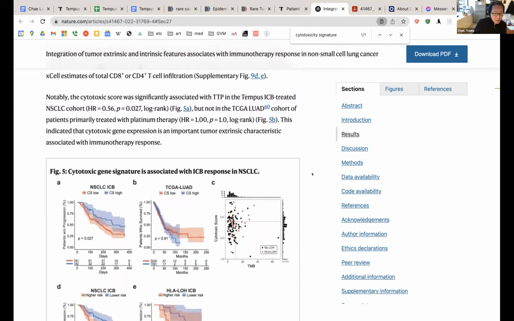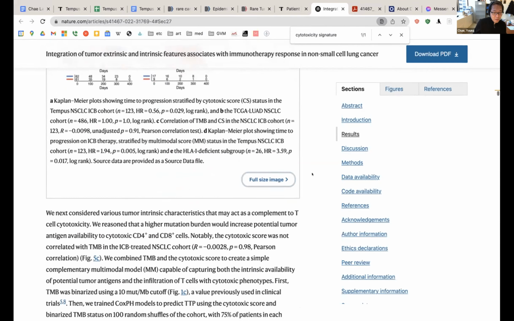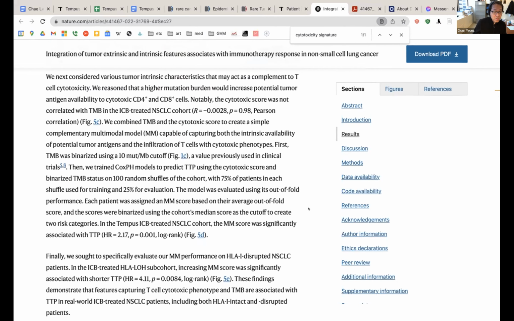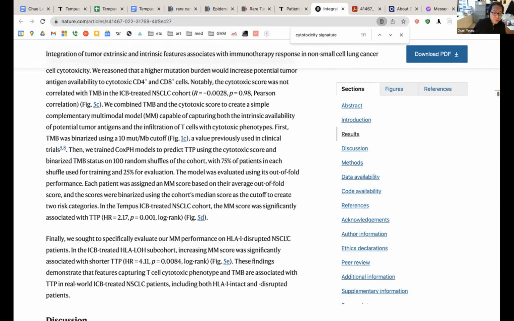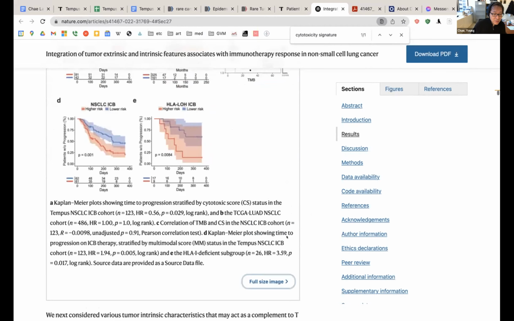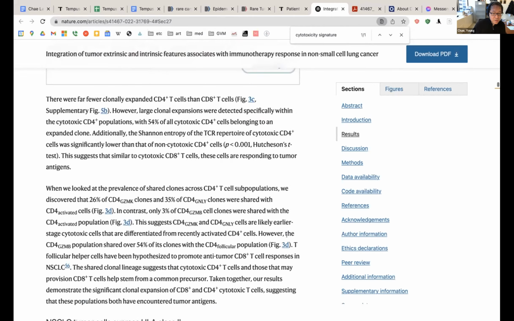Okay, go down. So here there's the ICB treated cohort. Is this a publicly available cohort, or is this something that they have? I think it's their Tempest cohort. Oh, this is a Tempest cohort. Do you know how many?